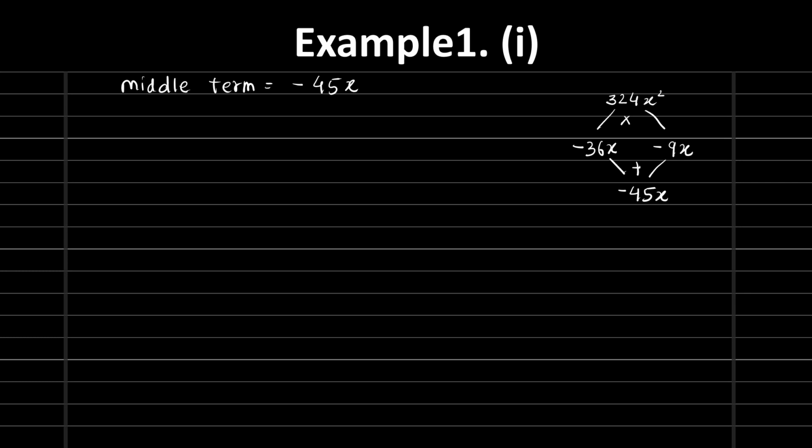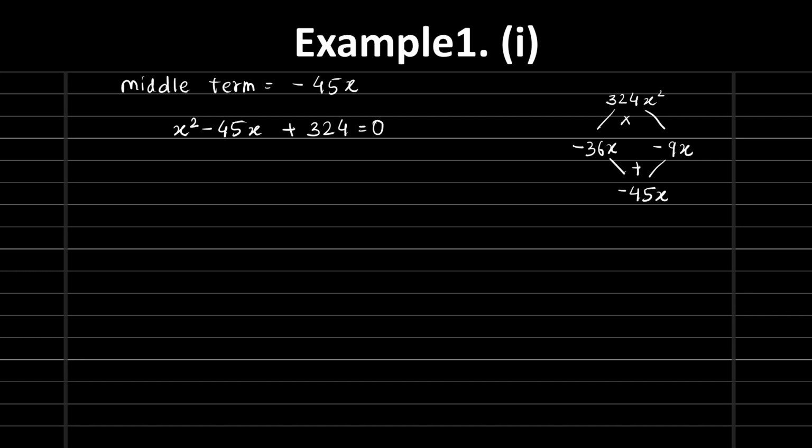If you multiply them, you get 324X square, and if you add them, you get minus 45X. We had the equation X square minus 45X plus 324 equal to 0.